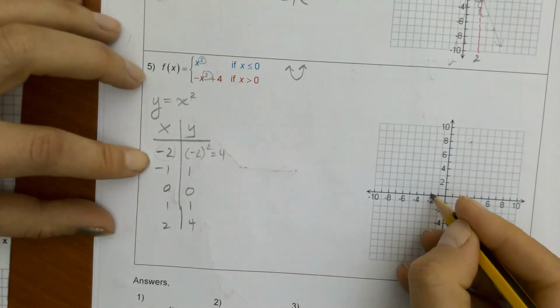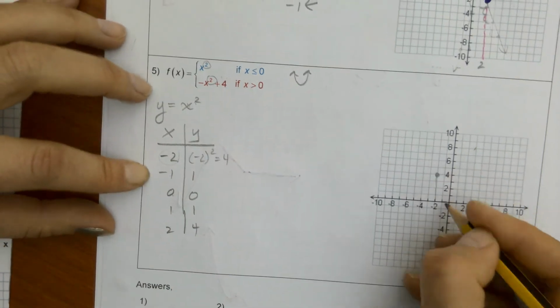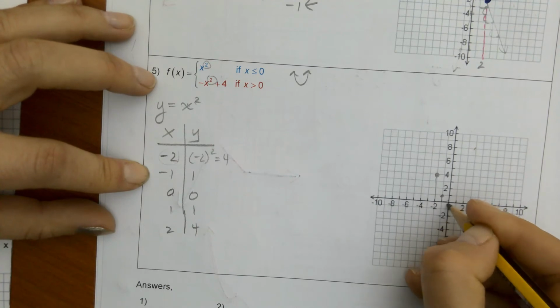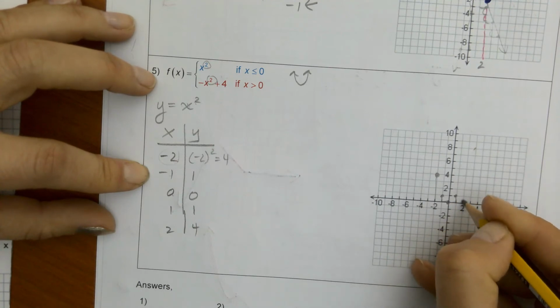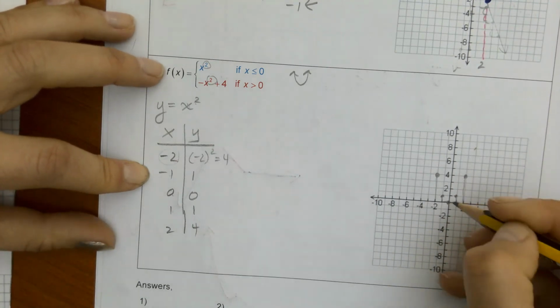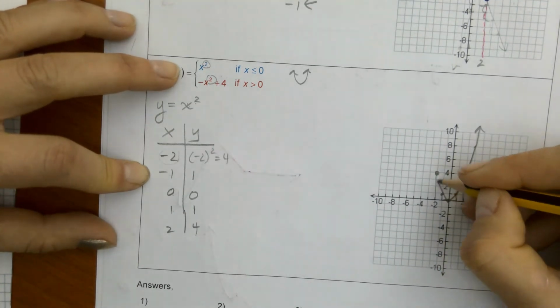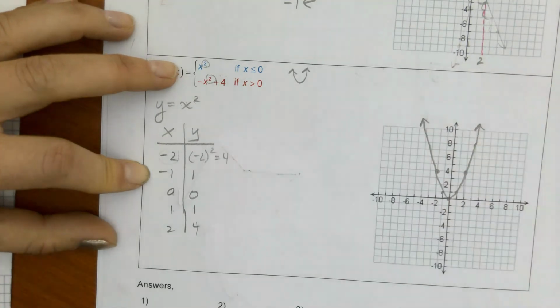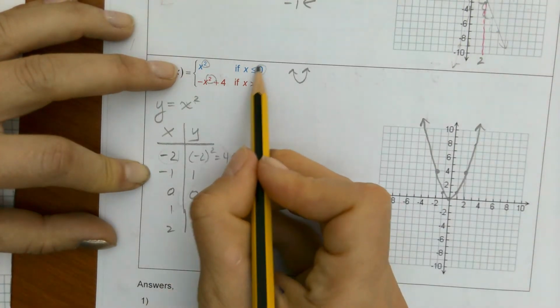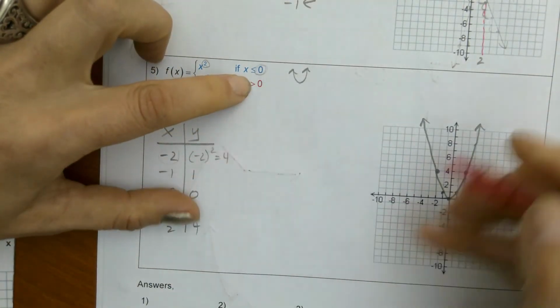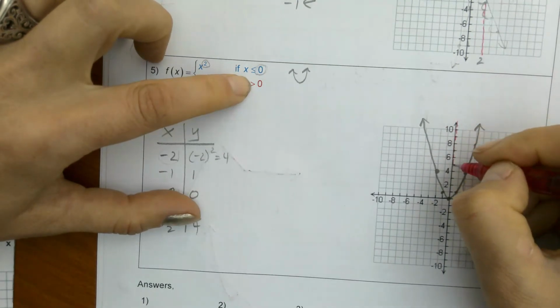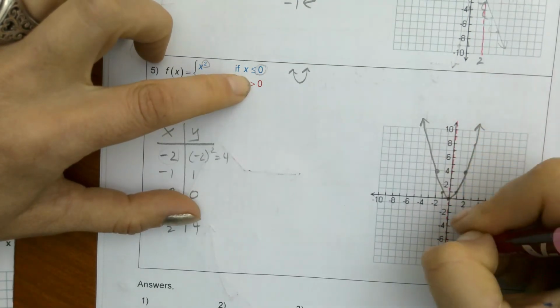So let's graph this. Negative 2, 4. Okay, and it's a parabola, so I'm going to pretend to just make it into a parabola because we know the shape. Now it says 0. Okay, so I'm going to put my line at 0. Something's happening at 0.